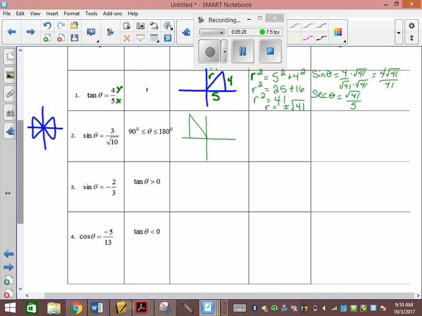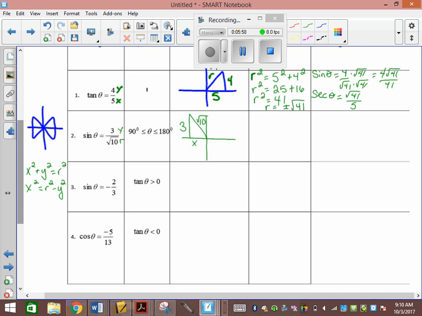And what do we label this? Sine. So what are we looking for this time? X. So you guys know that Pythagorean theorem is x squared plus y squared equals r squared. So if I'm looking for x, I'm just going to do x squared equals r squared minus y squared, right? It's always r squared minus the other side.